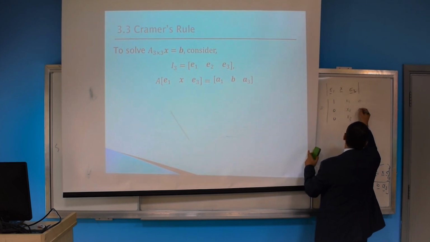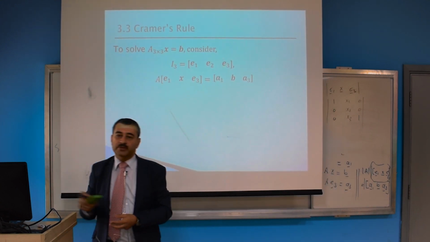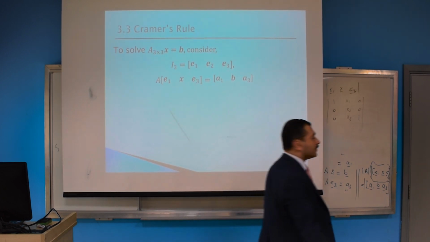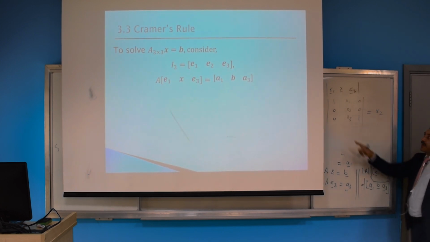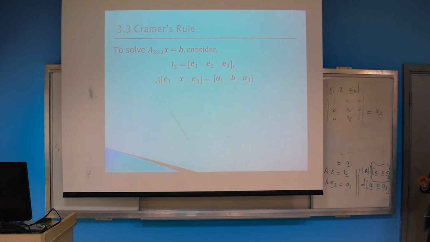And E3 is 0, 0, 1. So what is the value of this determinant? X2, right? You can expand using the first column, so we'll get X2 directly. So this determinant is X2.